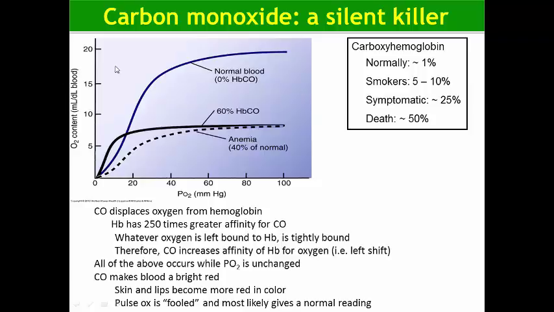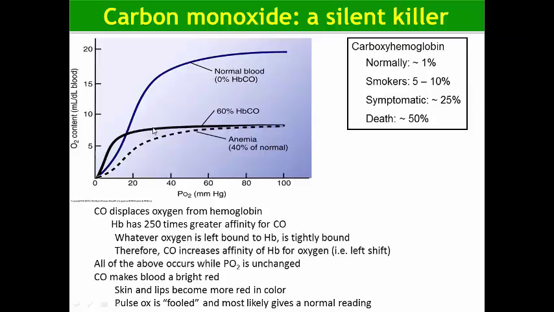So here, this is the normal blood, where the percentage of carboxyhemoglobin is 0 or around 1%, and this is anemia. No problem with that. It's different from carbon monoxide poisoning, but the oxygen content is reduced in anemia, of course, depending on the level of the hemoglobin, and this is carbon monoxide poisoning.